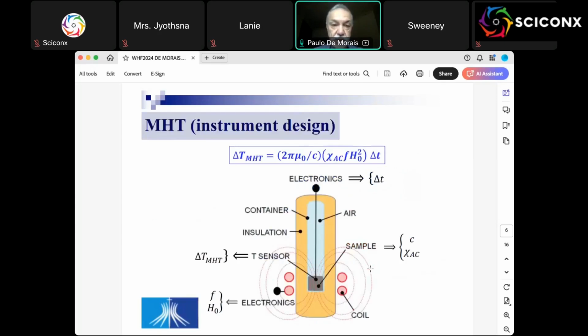Okay, so in terms of instrumentation design, we can manage the heating. Here is again the expression of how much you can increase the temperature when you perform magnetic hyperthermia. So you can modulate this heating by doing electronics, which means the time you apply the external AC field, the amplitude of the AC field, and the frequency of the AC field. These are the instrumentation parameters you can control.